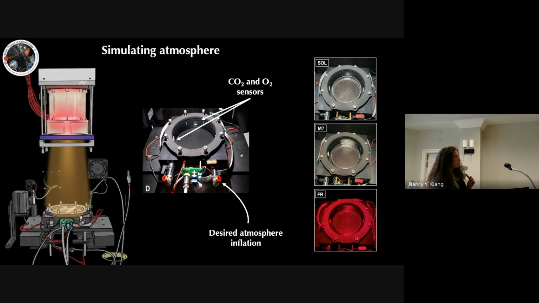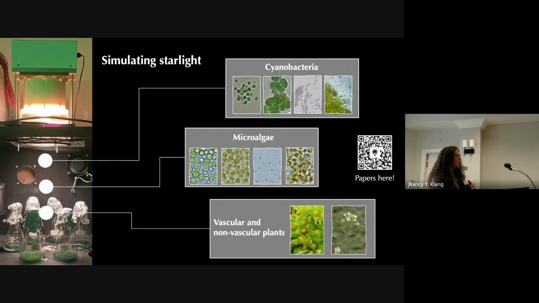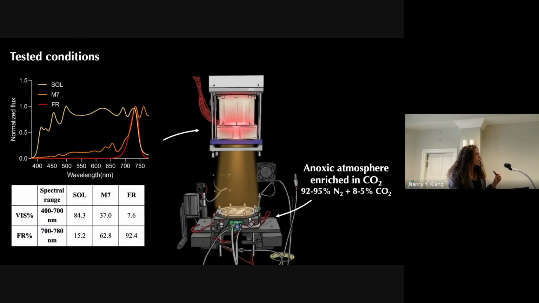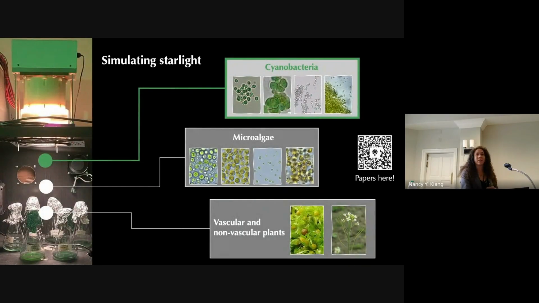During the last years, we've been testing many different organisms, and today I will just go into details with cyanobacteria, because they evolved oxygen photosynthesis on Earth, and they can do a lot of interesting things with their light harvesting systems in terms of acclimation to different kinds of spectra.